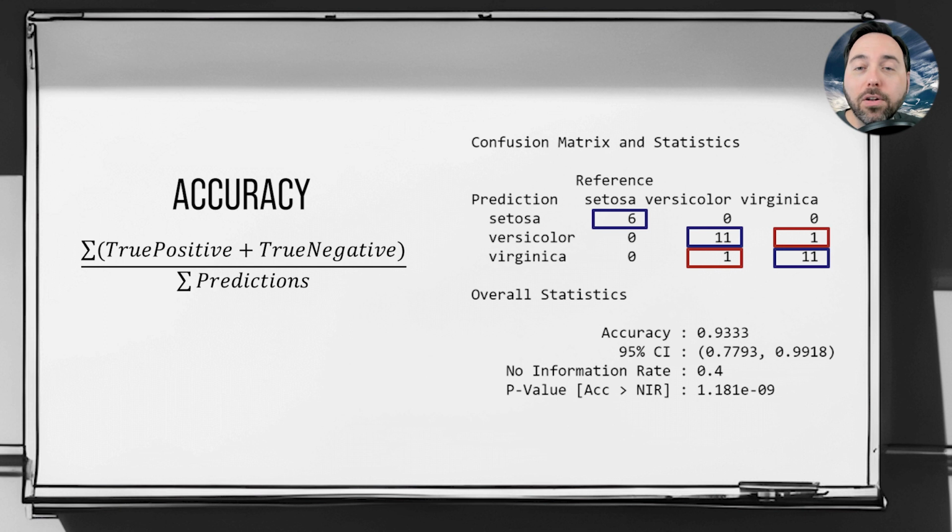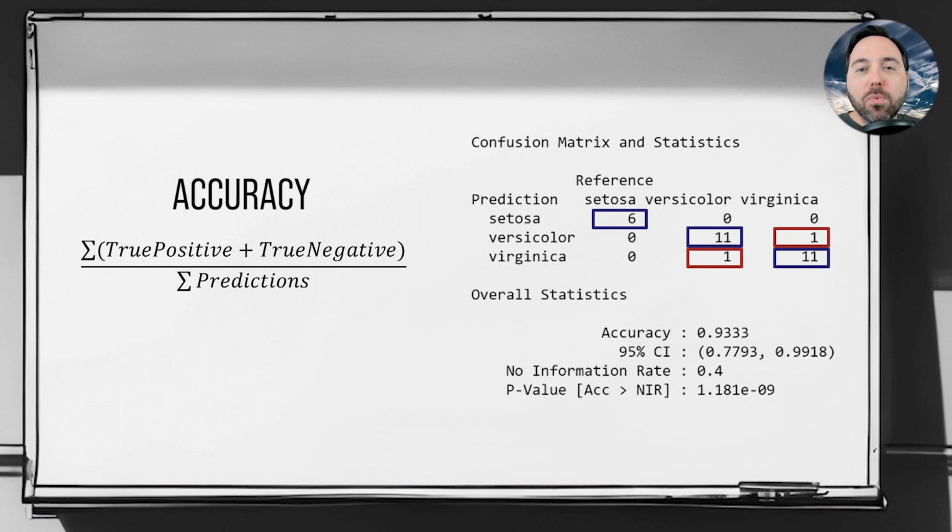Our first calculation is accuracy, which I'll define here as the sum of true positives and true negatives divided by the number of predictions. In visual terms, the blue boxes are our numerator, and the red boxes are what we would add to the blue boxes to get to the denominator.